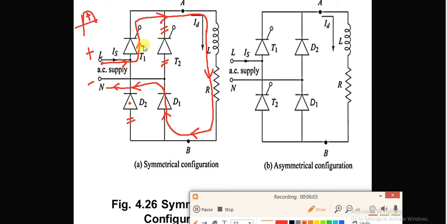Now if we look at the polarity, this terminal is positive, therefore this SCR is also reverse biased. Hence both are open switches, the current will flow from L, T1, terminal A, inductor, resistor, diode D1 and back to the neutral.